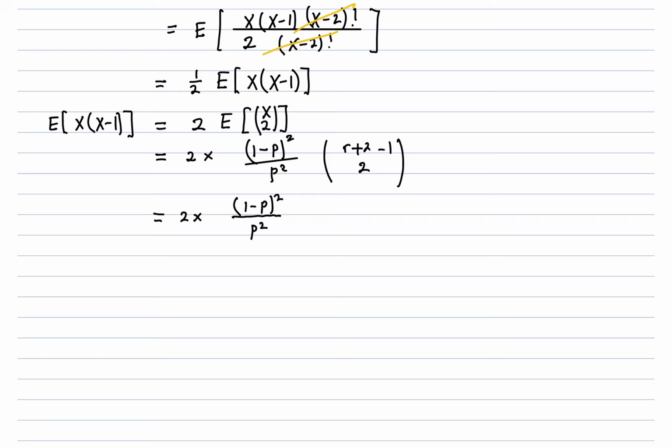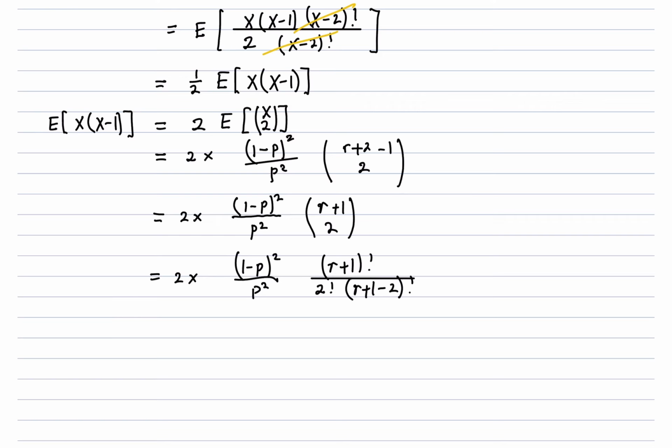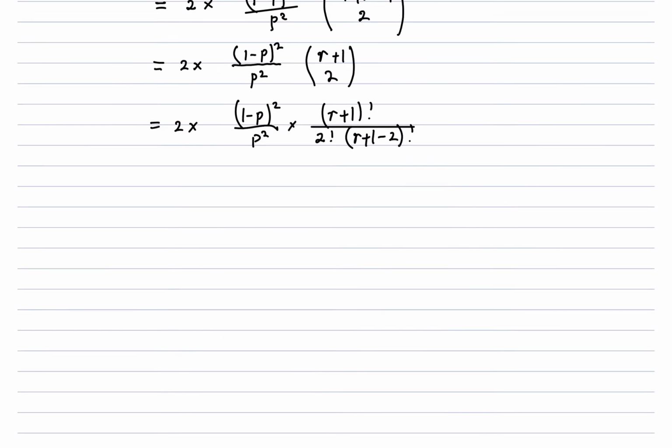Now, this can be rewritten as simply r plus 1 choose 2. And then again, some extra simplification. We're going to expand the combinatorial factor. That becomes r plus 1 factorial over 2 factorial times r plus 1 minus 2 factorial. Complete the fraction.